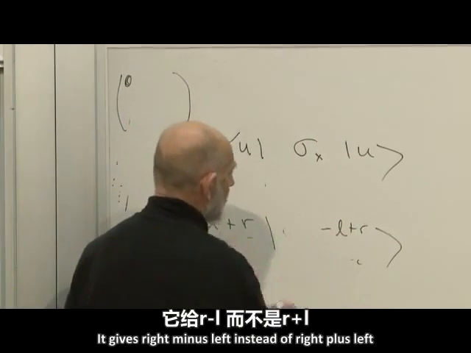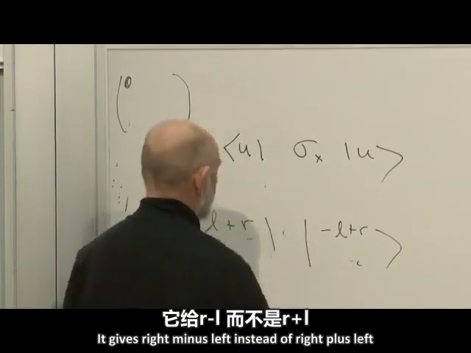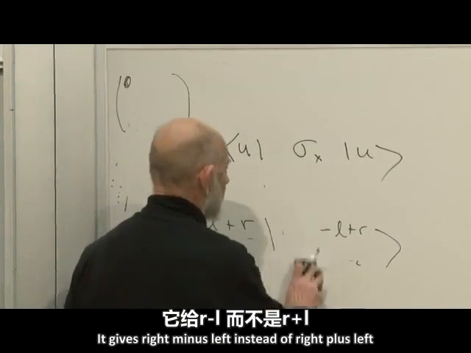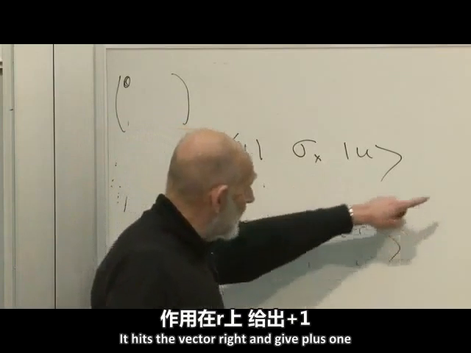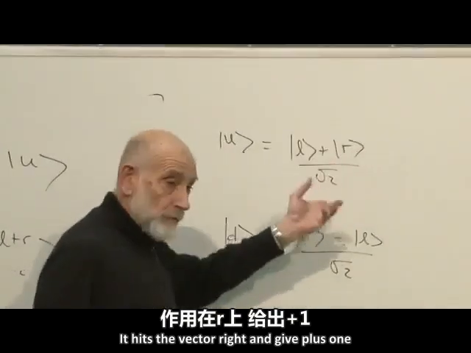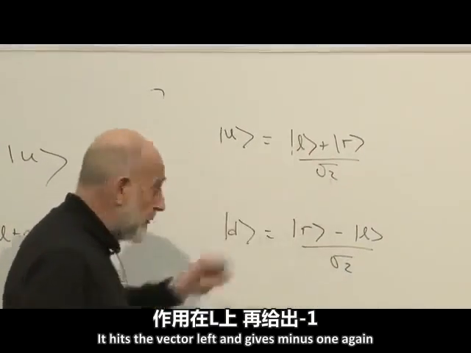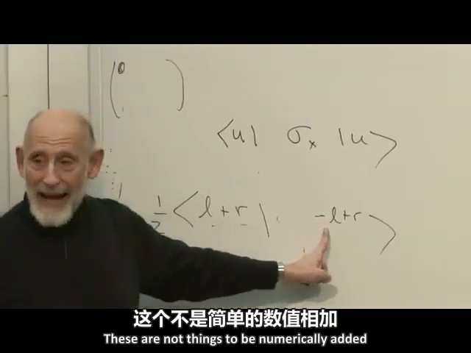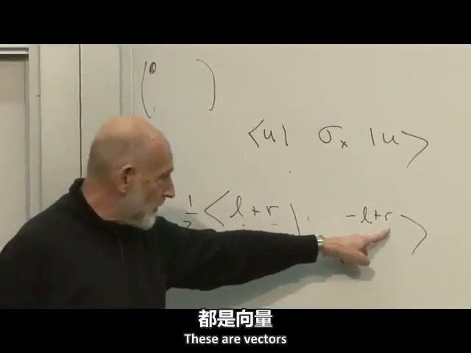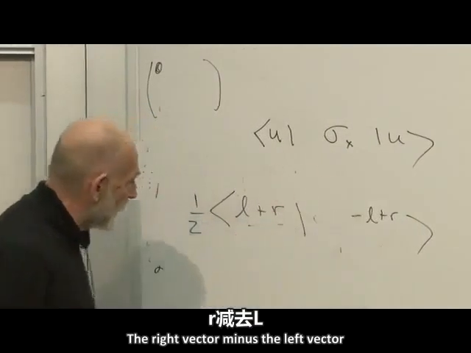It gives right minus left instead of right plus left. It hits the vector right and gives +1. It hits the vector left and gives -1. Again, these are not things to be numerically added. These are vectors, the right vector minus the left vector.